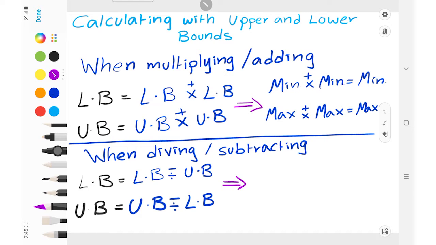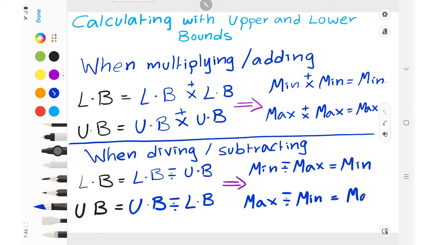And in a simple way, here minimum minus or divided by a maximum will give me minimum. And maximum divided by or subtracted by a minimum will give maximum.